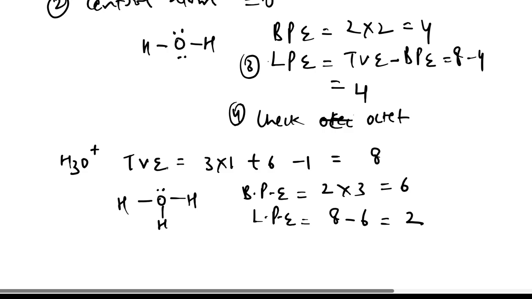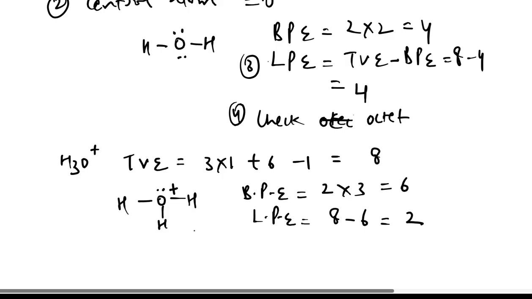Since these two were simple examples, we do not take into account the formal charges. Of course I have to assign the formal charge also. I have already told you the positive charge resides on the central atom and the negative charge on the corner atom, that is why the positive charge comes here.